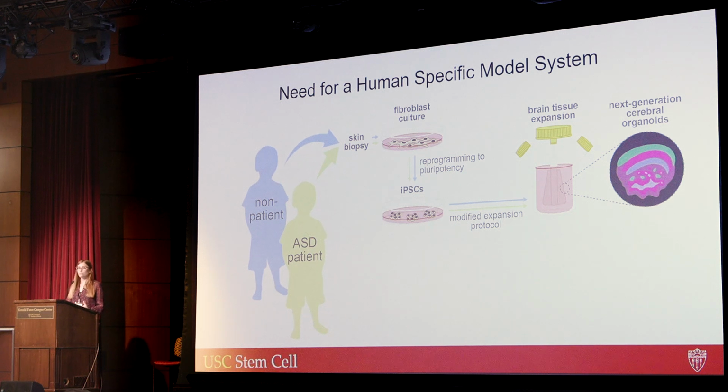And so in the lab, what we can do is to derive stem cells, so induced pluripotent stem cells from patients and also from healthy controls. And what we can do then is to differentiate these stem cells towards different fates. So what I've been working on has been differentiating these cells towards brain, so cortical organoids. So this three-dimensional structure in vitro.